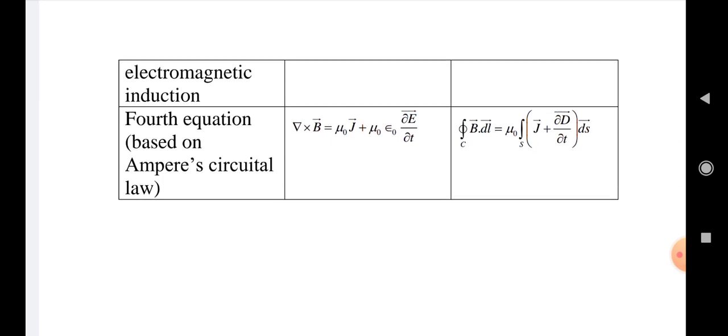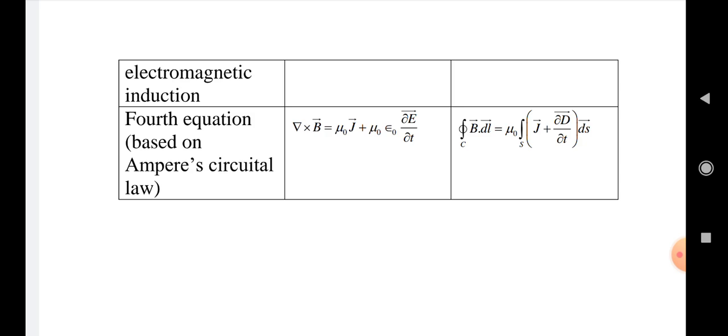And the fourth equation, Maxwell's fourth equation, is based on Ampere's circuital law. The curl of magnetic induction, del cross B bar, is equal to mu naught J bar plus mu naught epsilon naught del E by del t.